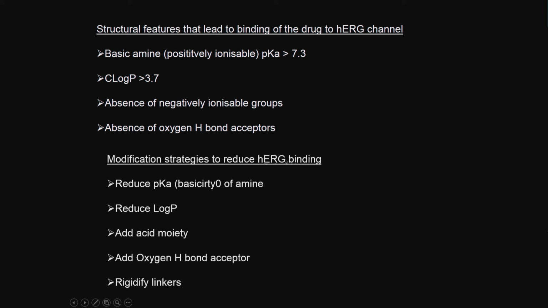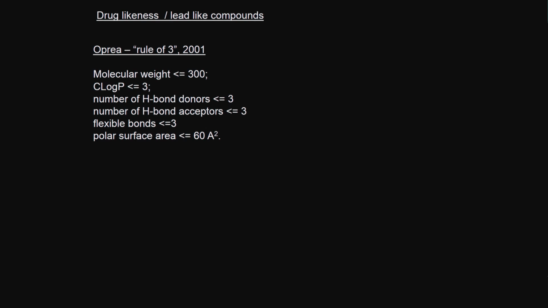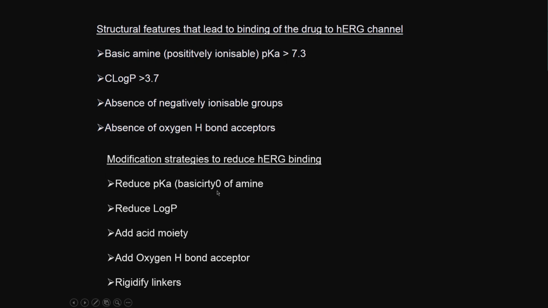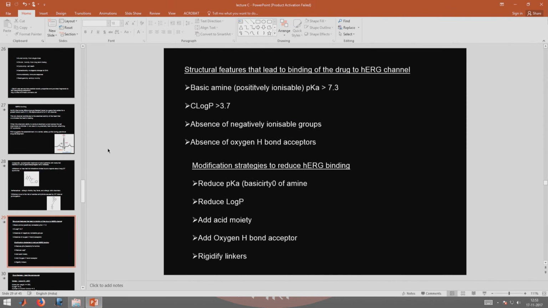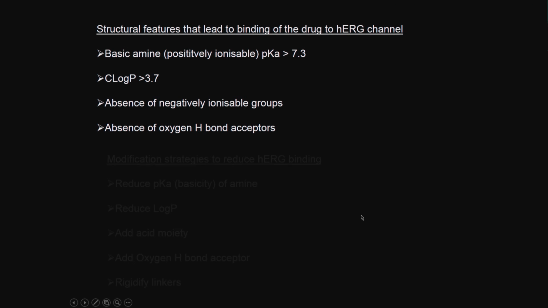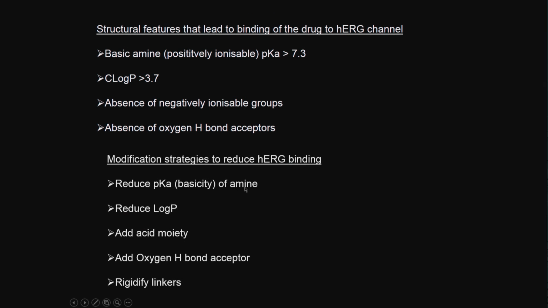So what modifications can we make to prevent HERG binding? Reduce the pKa, the basicity of the amine.